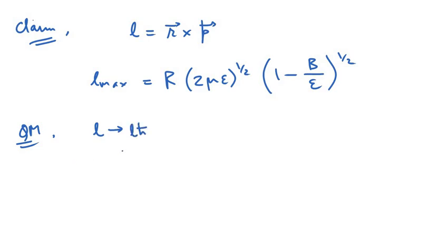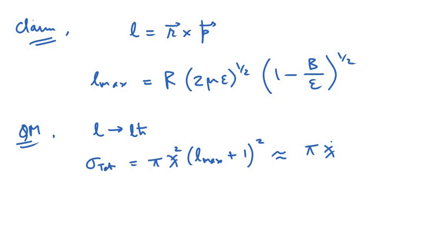So we can write in this case sigma total equal to pi lambda-bar square (L max plus 1) whole square. Now, if L max is much greater than 1, then I can just write it as pi lambda-bar square into L max square, and so we have this result.